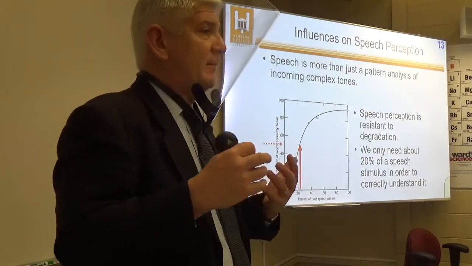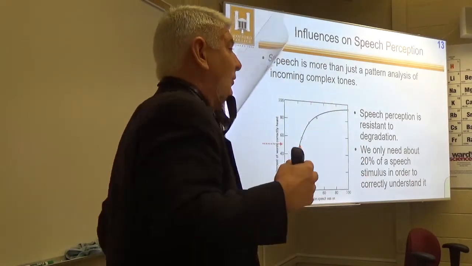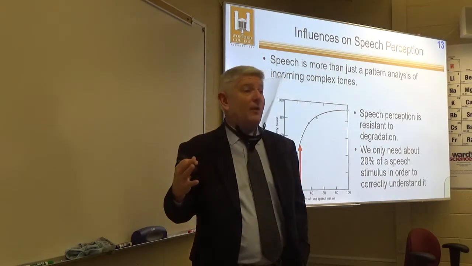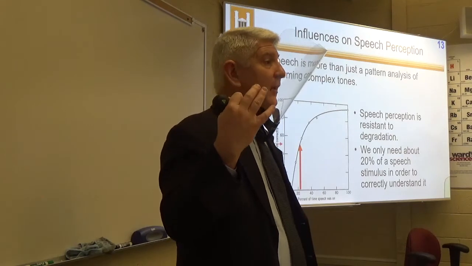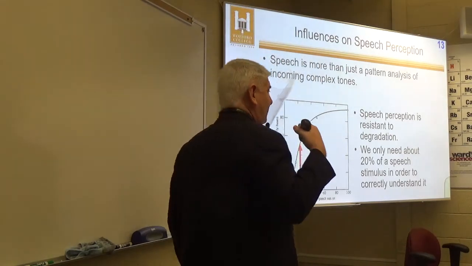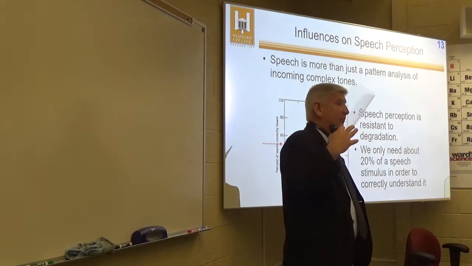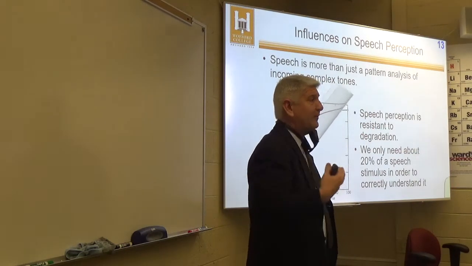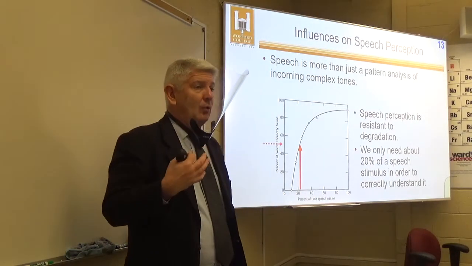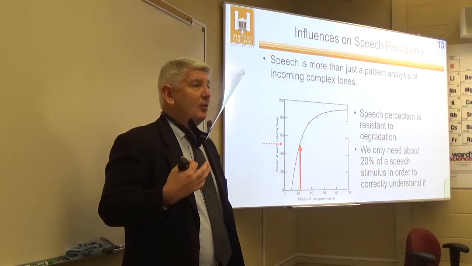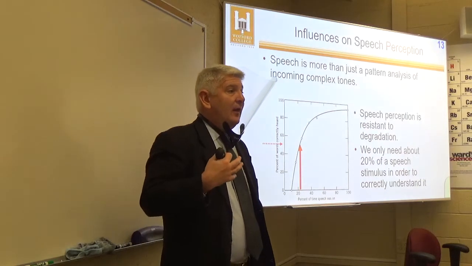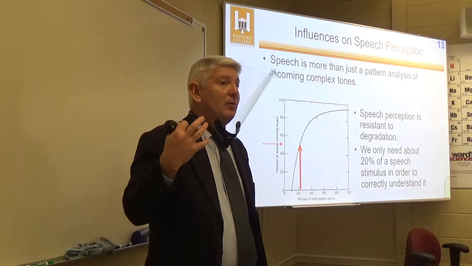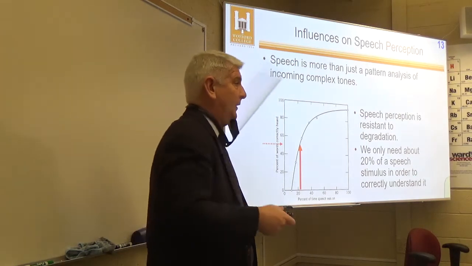And we can have things like in your lab that you just did, where we have masking stimuli, other sounds present in the environment that make it difficult for us to hear what's being said. So our brain has learned heuristics, context, and top-down influences to allow us to have correct understanding of speech with very little of the actual input coming in.